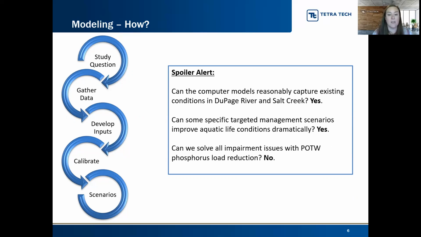Yes, we do believe that there will be an improvement to aquatic life conditions based on the way that we're defining that. But can we solve all impairment issues with just some specific changes like phosphorus load reductions from wastewater treatment plants? No. We all wish it was that simple, but it's not that simple.